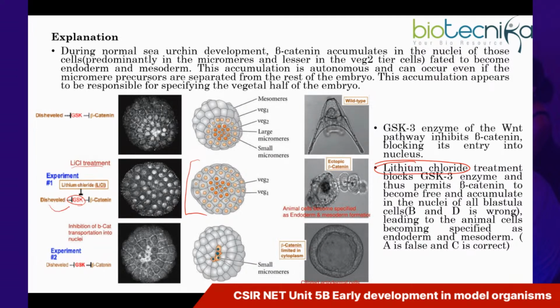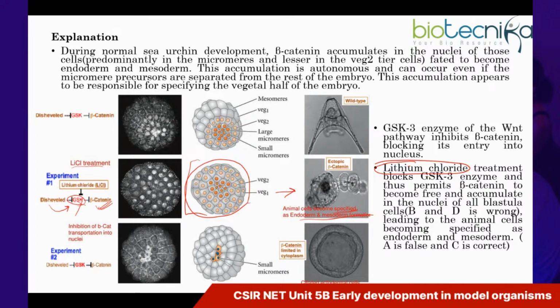And Disheveled blocks GSK, because of which beta-catenin gets free. So anyways, if GSK is blocked, beta-catenin will be available in all cells, and that will lead to the specification of endoderm and mesoderm.